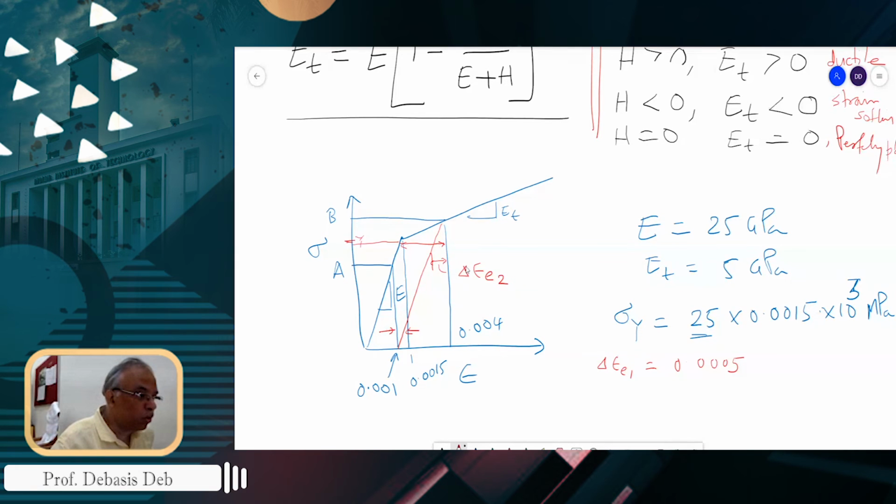So total strain is 0.004 minus 0.0015. So how much is that? 0.0025.